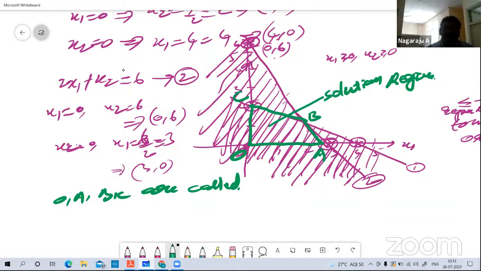Now, I want to find the optimal point. The first corner point O is 0, 0.